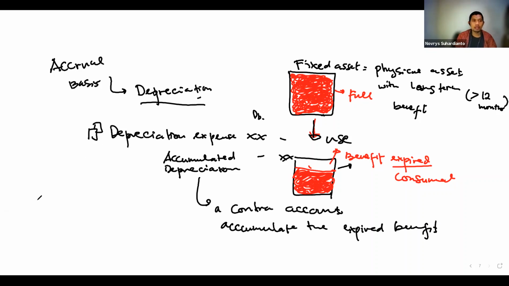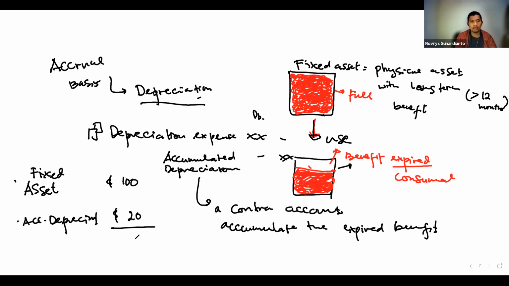On the financial statement, we record this accumulated depreciation just below the asset. So if we have a fixed asset, for example, of $100, and then we report accumulated depreciation, for instance, $20, then the net balance of the fixed asset is 80.